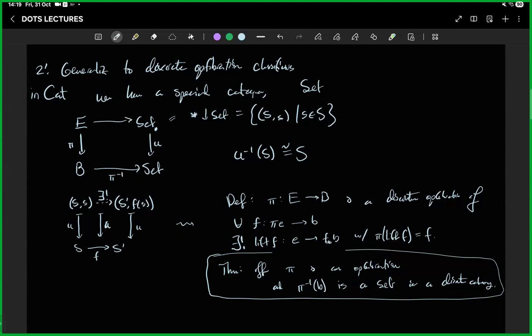Well, I just send E to pi inverse of pi of E, marked at E, because E is, of course, in pi inverse of pi of E. And that commutes, obviously, by construction.